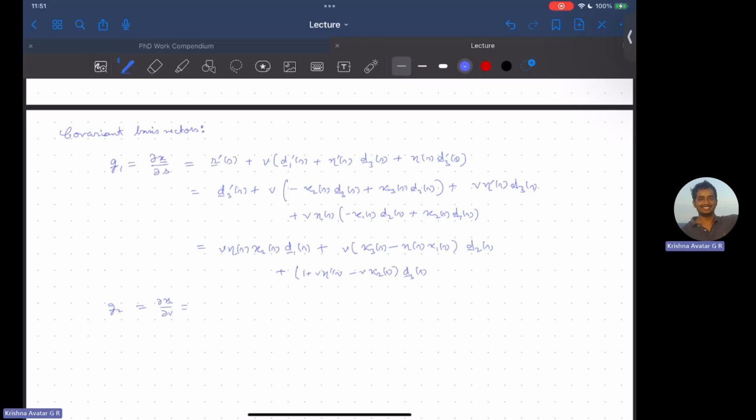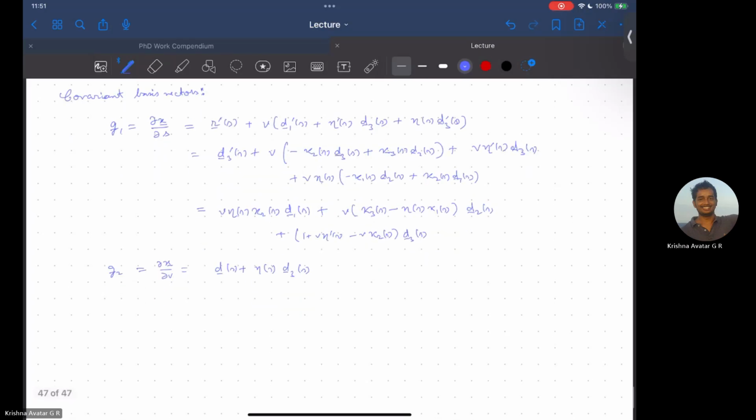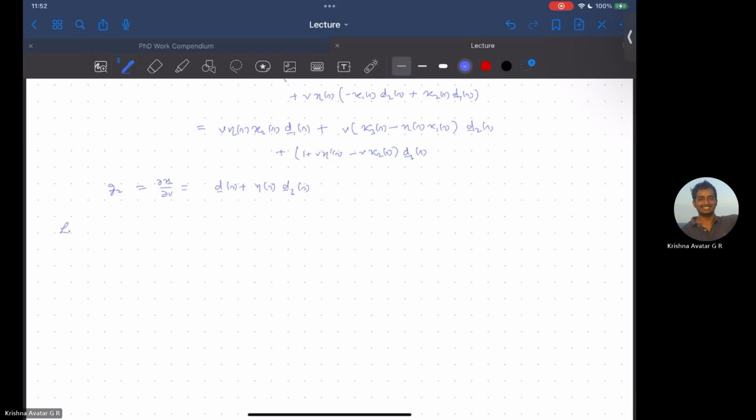And then this is given as g1 of s, eta. Now the next step is that it so happens that g1 and g2 also span the tangent plane at s on the central line.